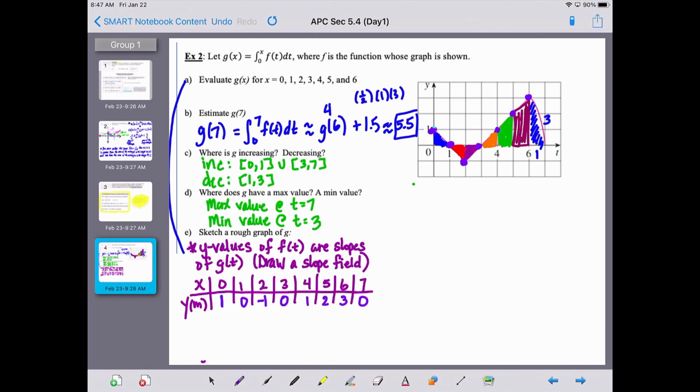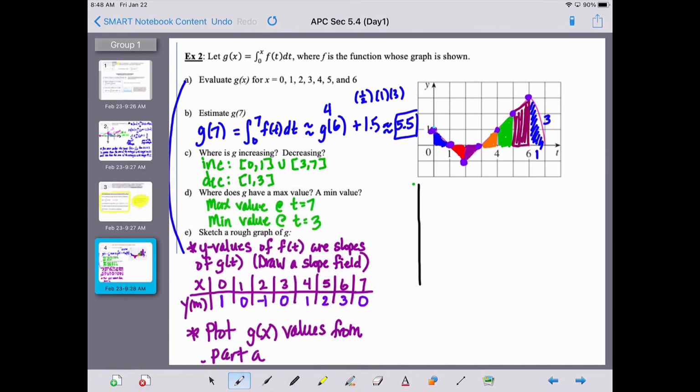And then the second thing that we are going to do after we create this slope field is use those g of x values from part A, because those are values of our integral function, right? So we are going to plot g of x values from part A. All right, so I am going to make my graph of g, which is the integral of f, right below my graph of the function that I was given.